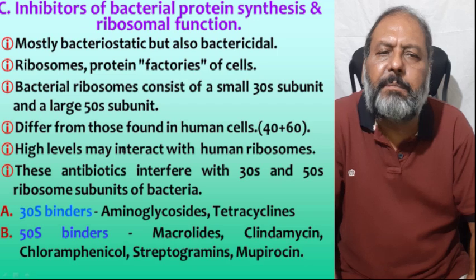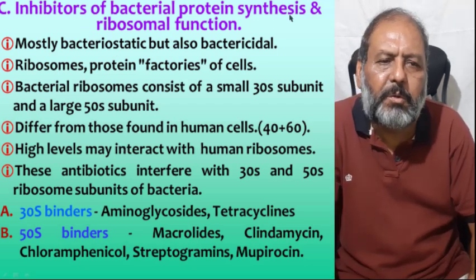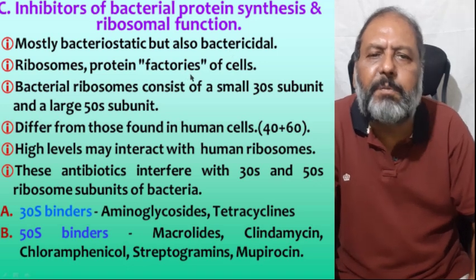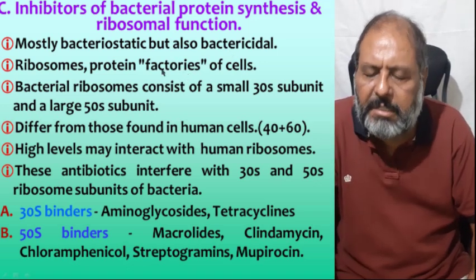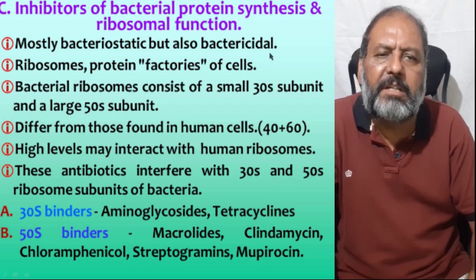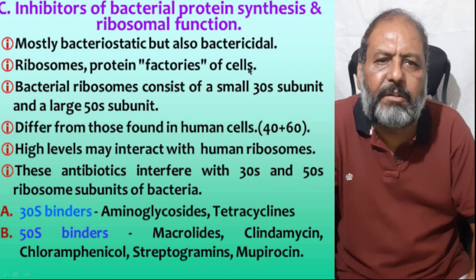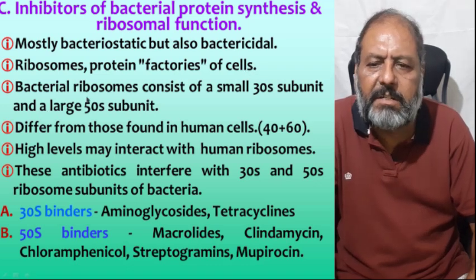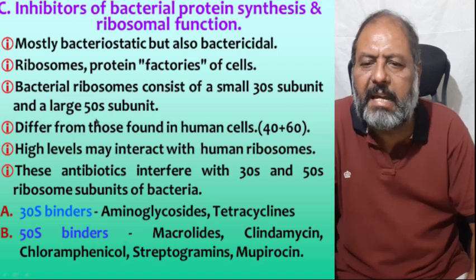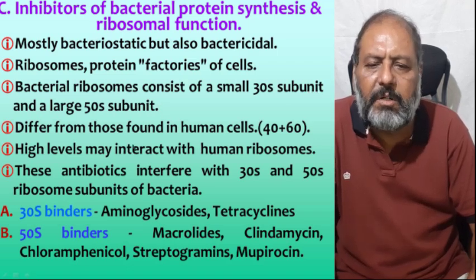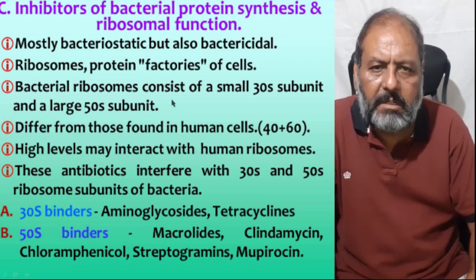And the number 3 group of antibiotics is inhibitors of bacterial protein synthesis and ribosomal function. These are mostly bacteriostatic, but some of them are also bactericidal. Ribosomes are the protein factories of the bacterial cells. Bacterial ribosomes consist of a small 30S subunit and a large 50S subunit, and the antibiotics act on these ribosomes.